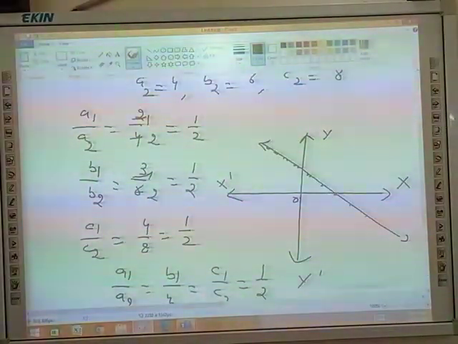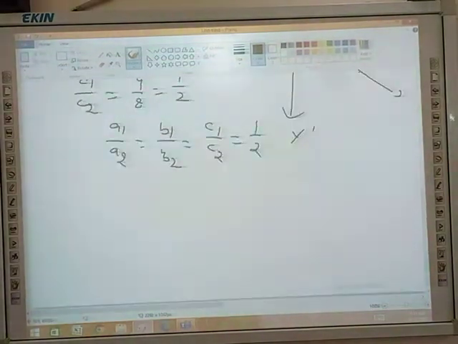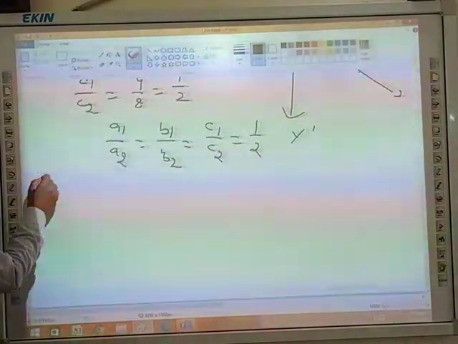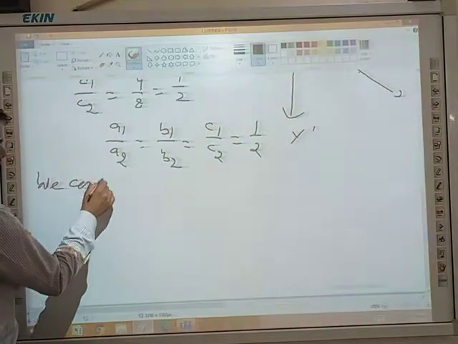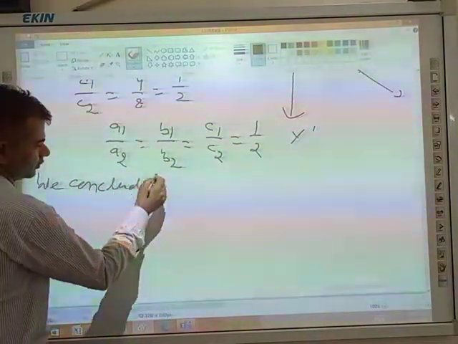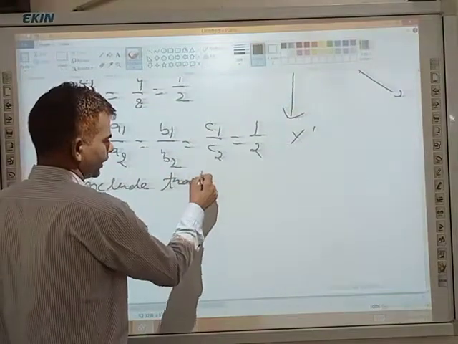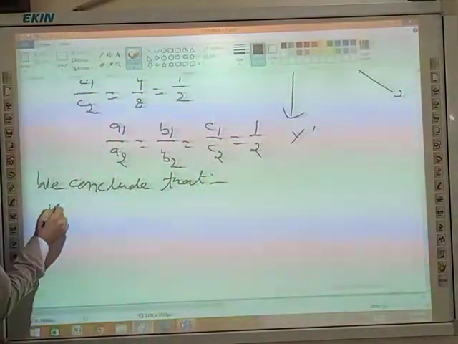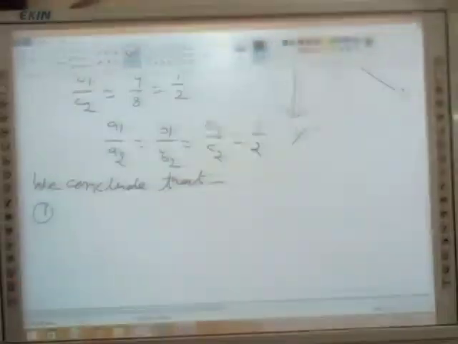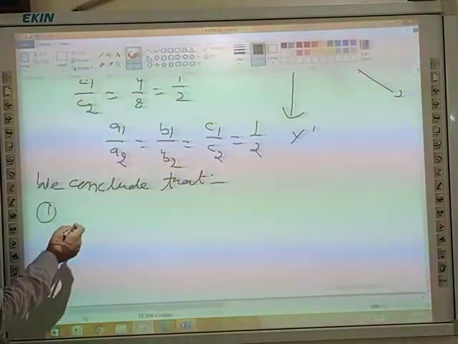Student, any doubt, any problems? No. Student, we conclude that the first graph will be a coincident lines graph.